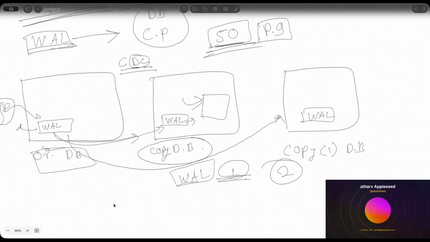Read replication for Postgres extension. PG Logical. Yes, PG Pool. I remember this. PG Pool will do everything: the connection pooling, the high availability.